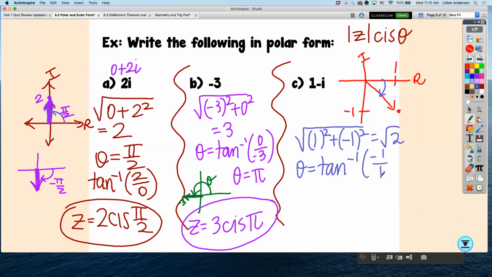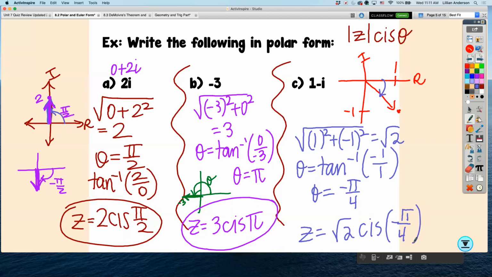B is -1, a is +1. Where in the 4th quadrant, heading clockwise, is tangent of -1? It's going to be negative pi over 4. So then my complex number in polar form will be the square root of 2 cis negative pi over 4.